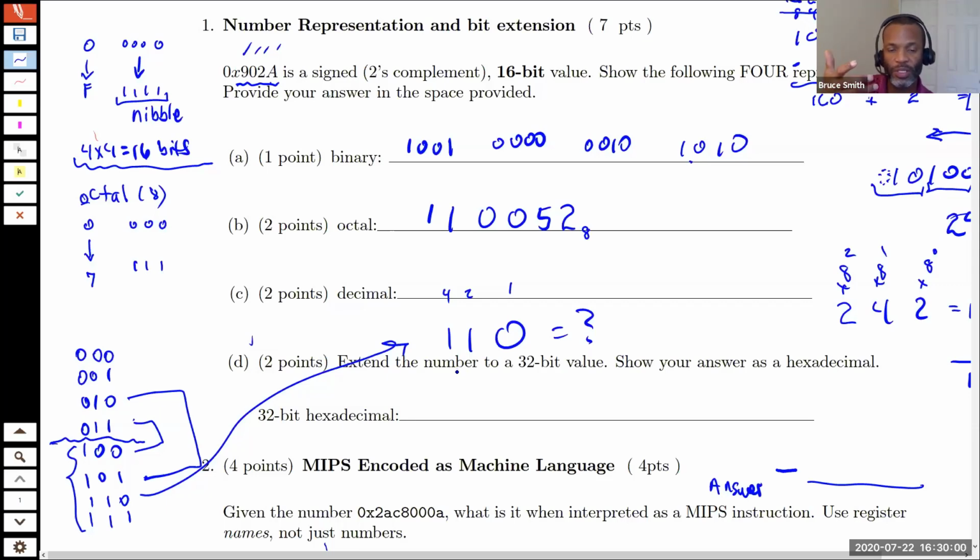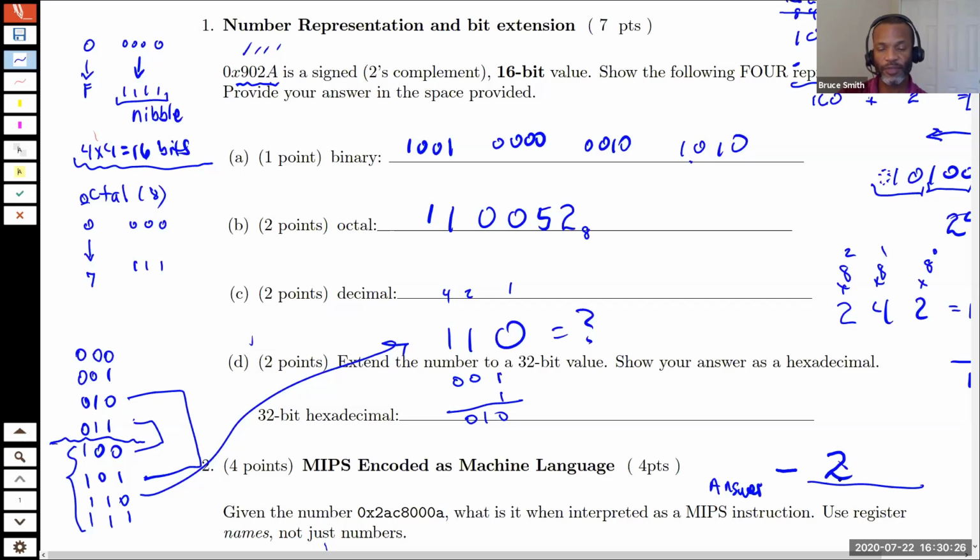The magnitude is going to be determined by flipping each one of those bits and adding a 1. So in order for me to get the magnitude, I'm going to have to invert the bits and add 1.